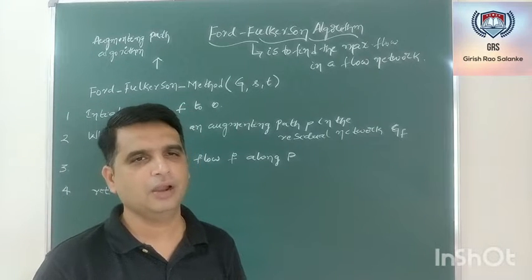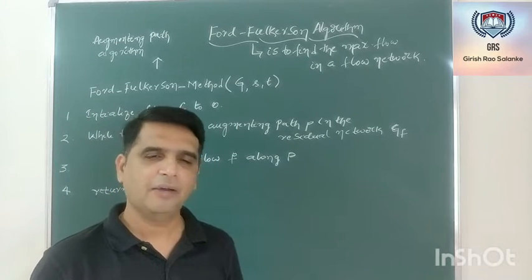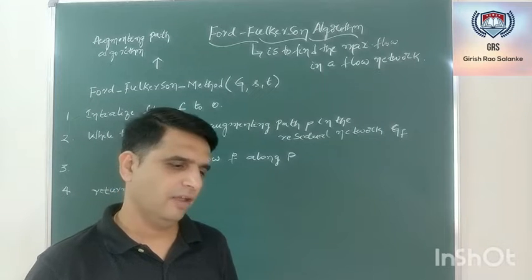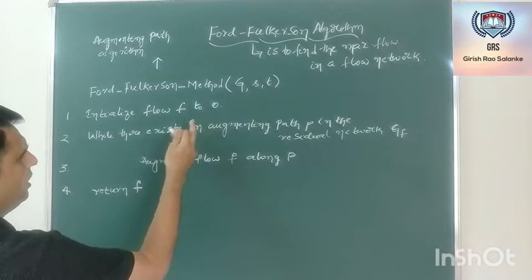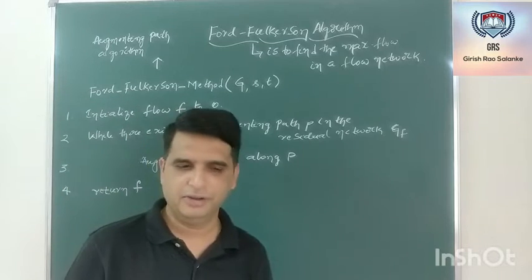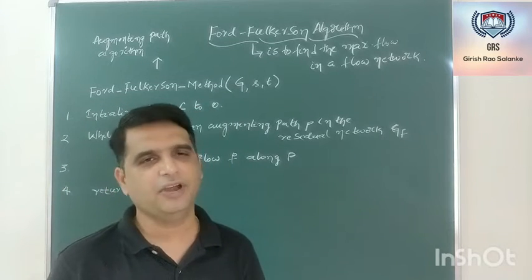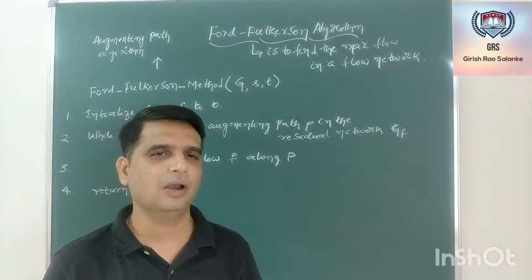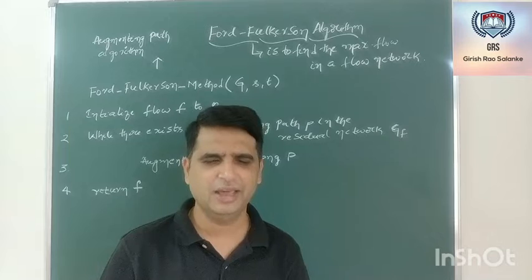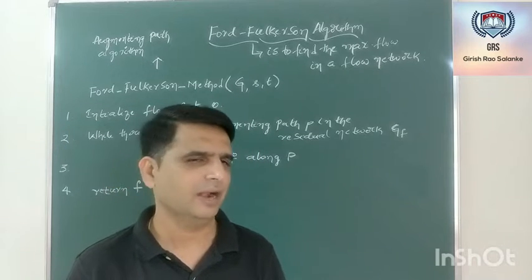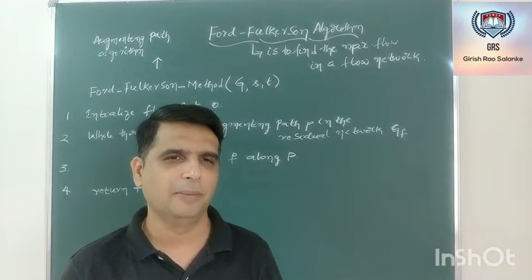Now, the first step of the algorithm: on all the edges, I will initialize the flow to be 0. That means I will initialize flow F to be 0 in the first state. Then I find whether there is an augmenting path or not. If the flow is 0 on all the edges, obviously there has to be at least one augmenting path.